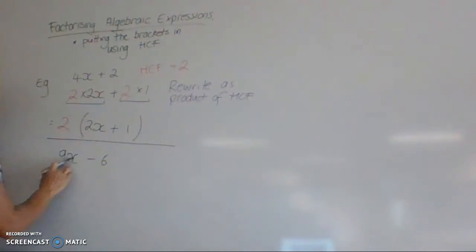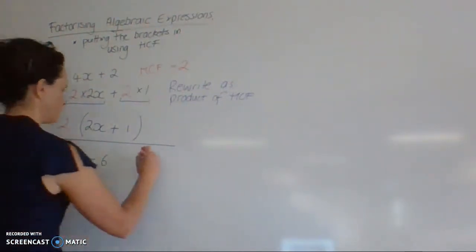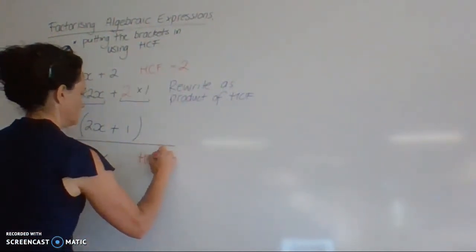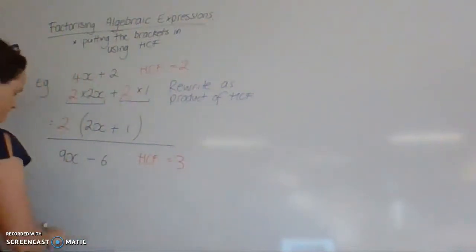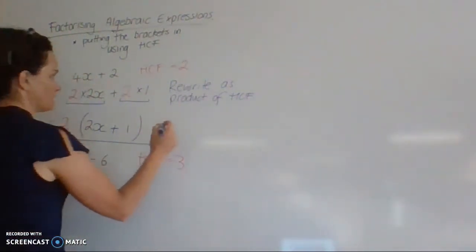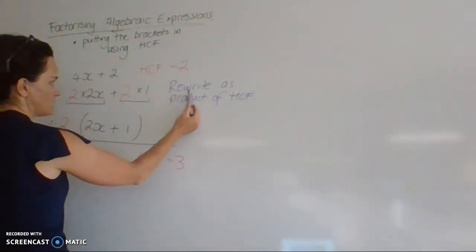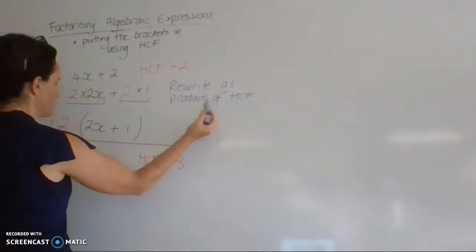Okay, so we're looking at our 9 and our 6. And the highest common factor equals 3, the highest number that goes into both of those. So our first step is to find the HCF. Our second step is to rewrite it as a product of the HCF.